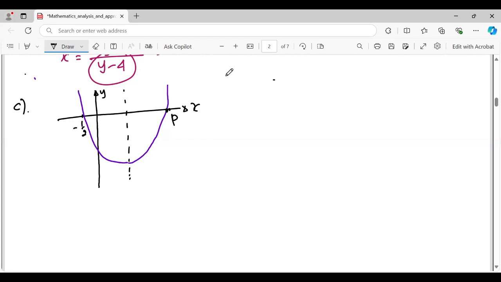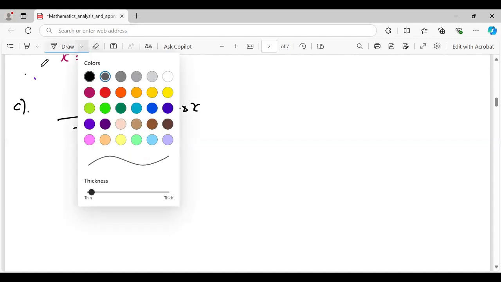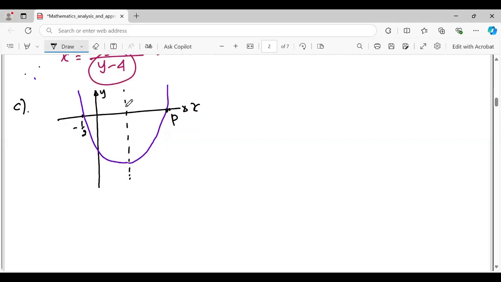So we can determine p through measuring: this is x equals 2, measuring the distance from minus half to 2.